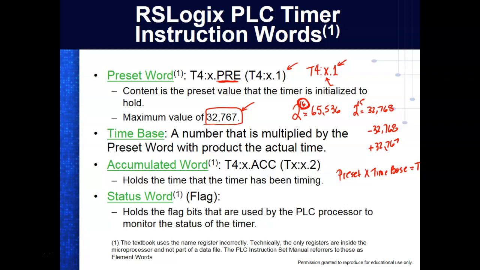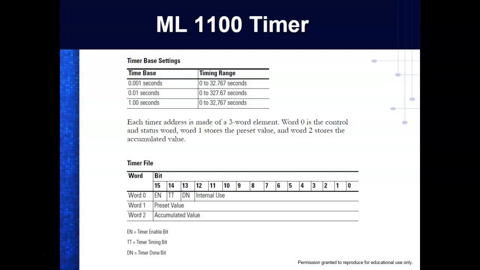Timer timing, timer done, and timer enable, right? So we have that. Timer enable we usually never use. But we do use the timer timing, and we do use the timer done a lot. So every time you create a timer, it actually sets up, this is right out, this is not in your book, by the way, the words that this thing sets up.